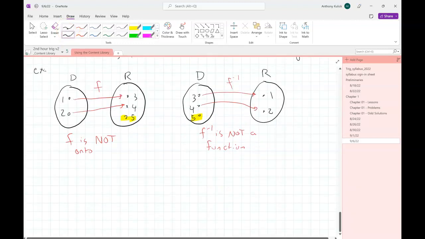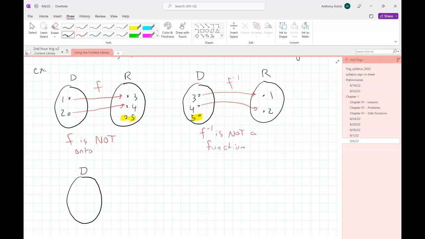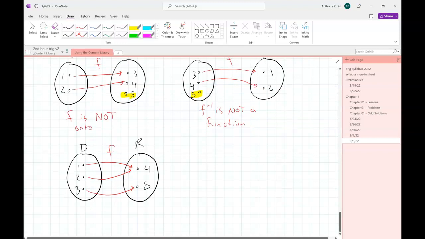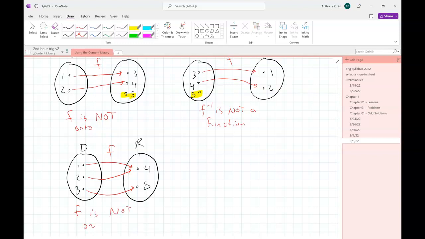Let's look at the one-to-one piece. So here we should observe that f is not one-to-one, right?